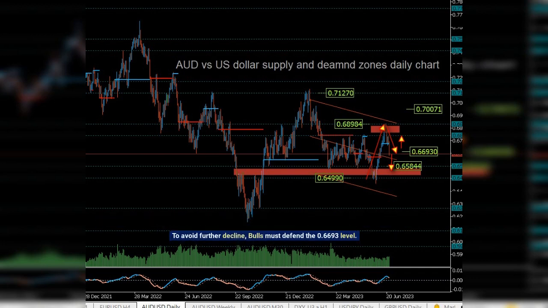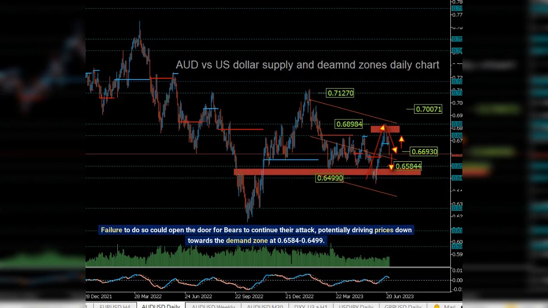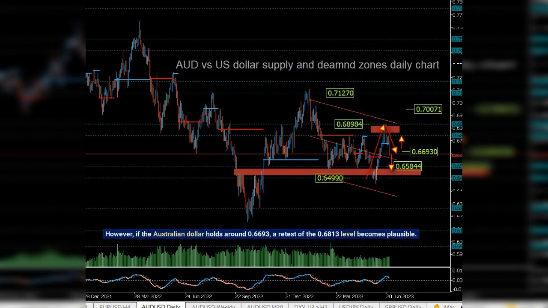To avoid further decline, bulls must defend the 0.6693 level. Failure to do so could open the door for bears to continue their attack, potentially driving prices down towards the demand zone at 0.6584 to 0.6499. However, if the Australian dollar holds around 0.6693, a retest of the 0.6813 level becomes plausible.